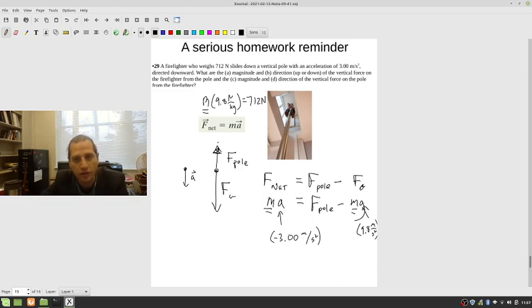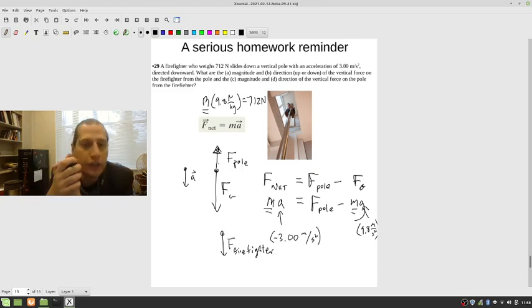Okay, now here's the Newton's third law part of it. They ask, what is the magnitude and direction of the vertical force on the pole from the firefighter? So the force of the pole is acting on the firefighter pushing up. By Newton's third law, that means that the force of the firefighter has to be pushing down on the pole, and the magnitude of that push is going to be equal to the magnitude of the force upward from the pole.